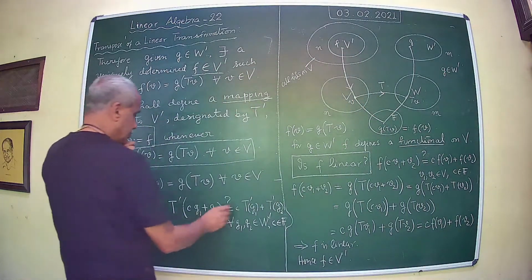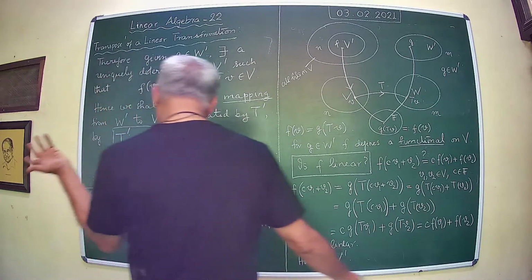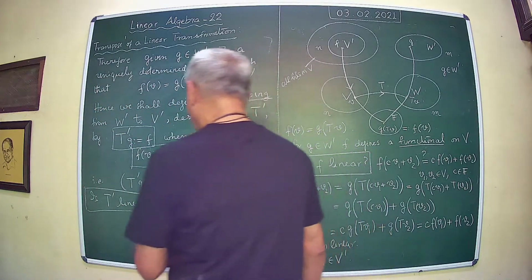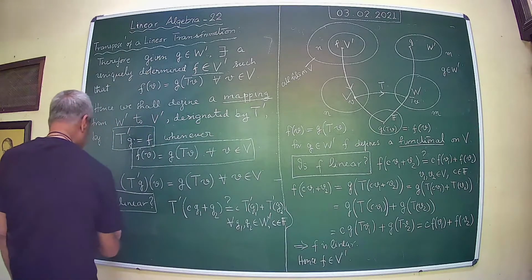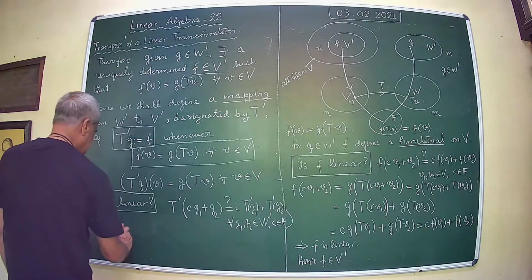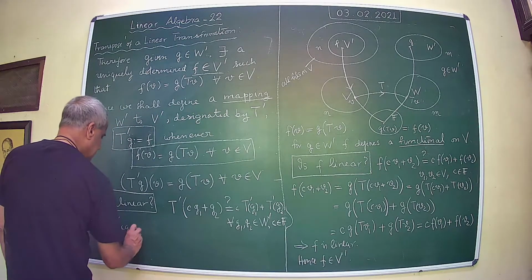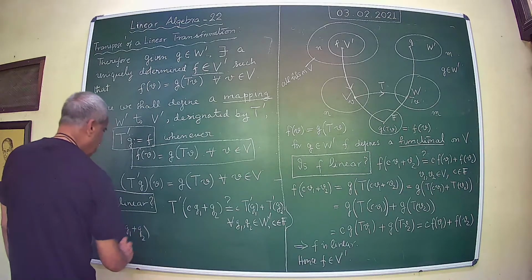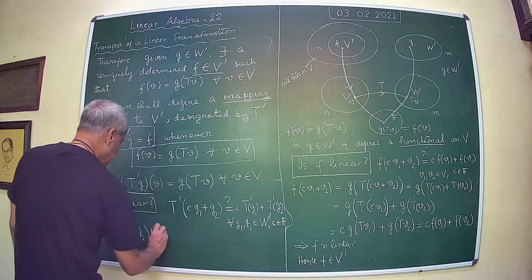Is this really true? Let us investigate it. So what is T prime of CG1 plus G2 of V?